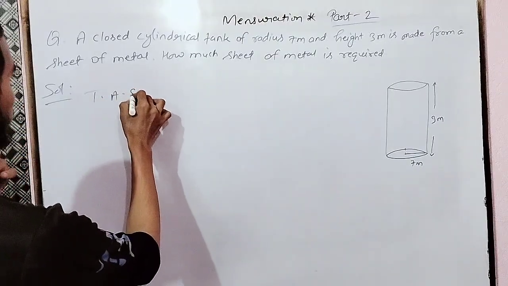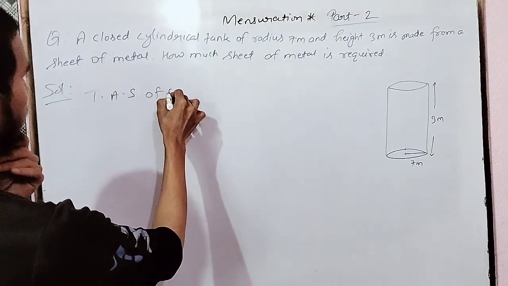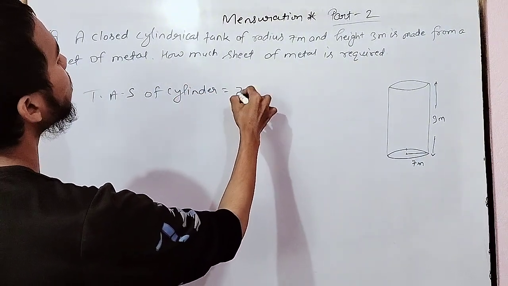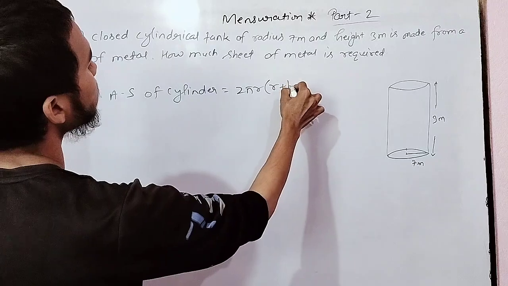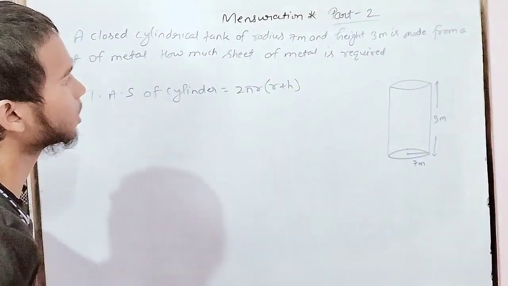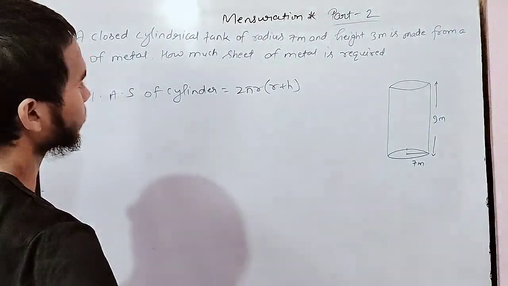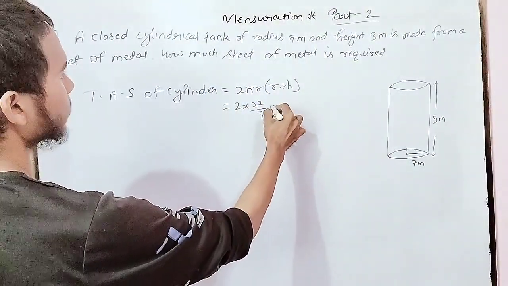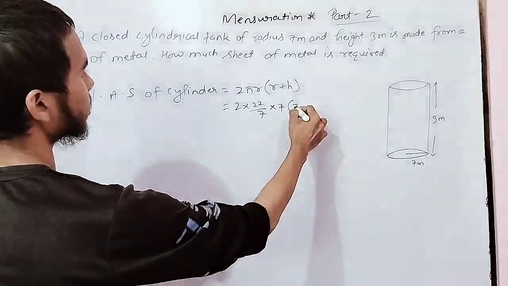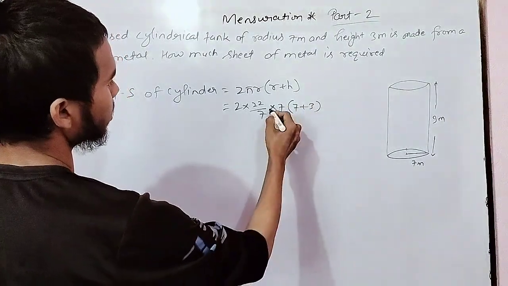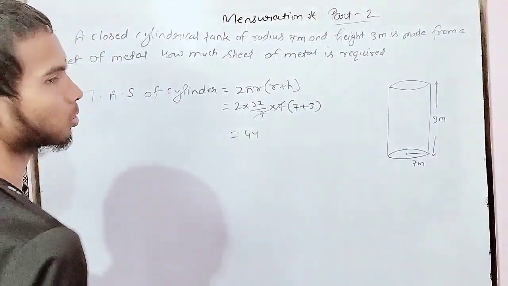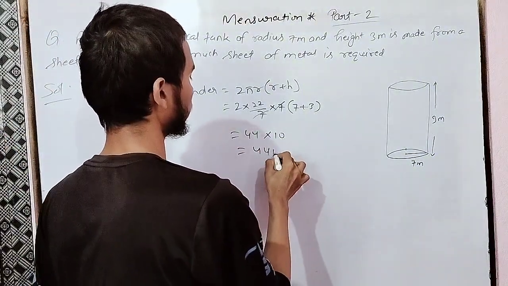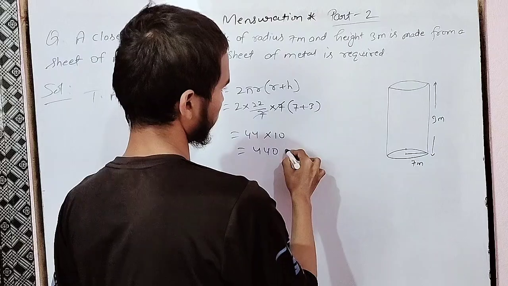Total surface area of a cylinder is 2 pi r (r plus h). 2 multiplied by 22 upon 7, r is 7, 7 plus h is 3. The 7 will get cancelled out. 22 times 2 is 44, and then 10. 440 meter square.